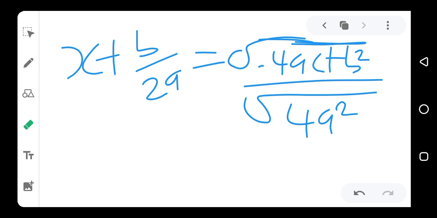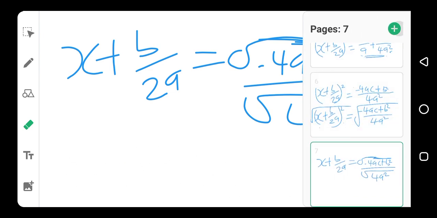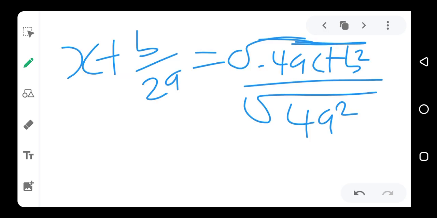Let me clean it and write it here. x plus b over 2a is now equal to the root of this. We cannot find it, so we leave it. The root of 4a squared, we can still simplify.